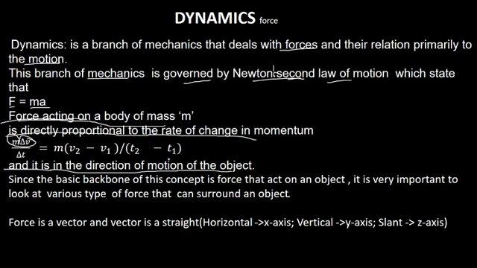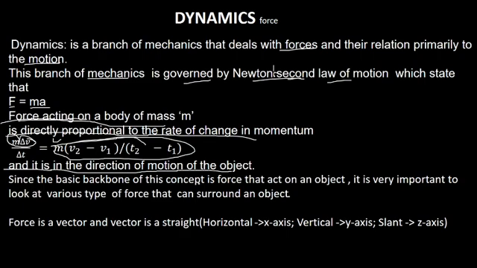So everything that you see here is equal to mass times acceleration. This is the mass, while this is velocity over time, which is acceleration. So therefore, Newton's second law of motion is actually talking about momentum change, which is change in motion in actual sense.